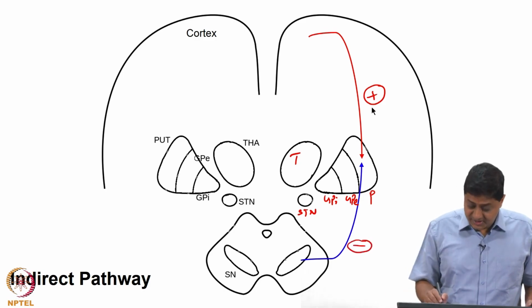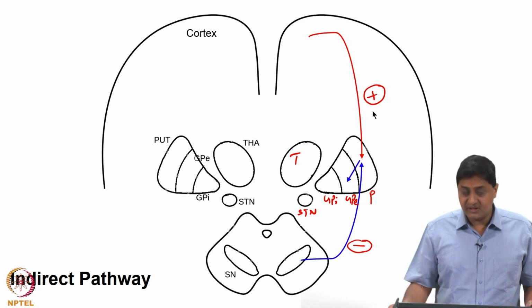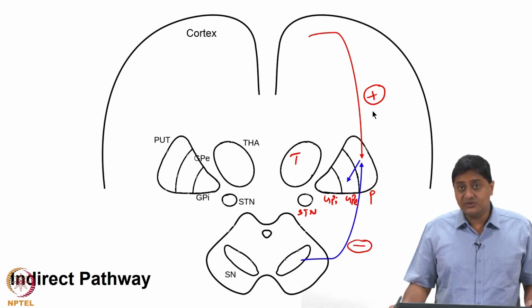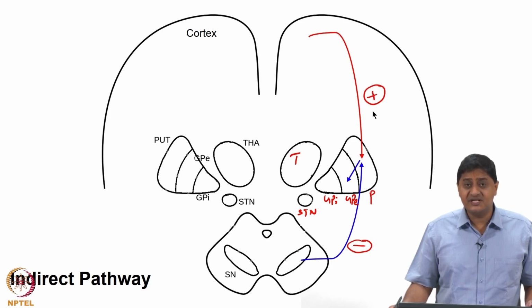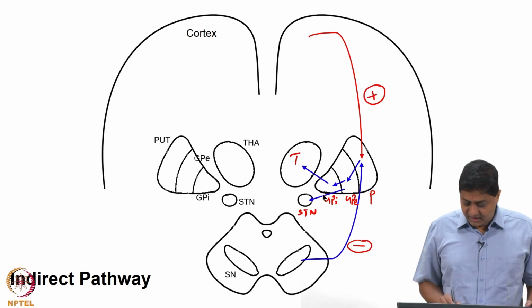So, the corticostriatal neurons excite the striatum, or in this case the putamen, and which excites the neurons from the putamen to the globus pallidus external, and these are inhibitory interneurons, right. So, these are GABAergic. So, that is why the line here is blue, and they also further inhibit the neurons in the subthalamic nucleus. Right.